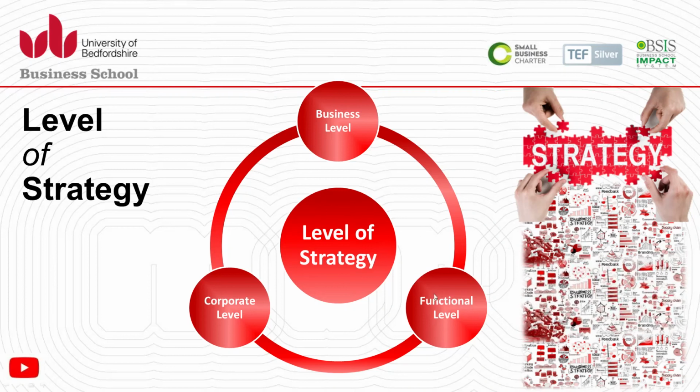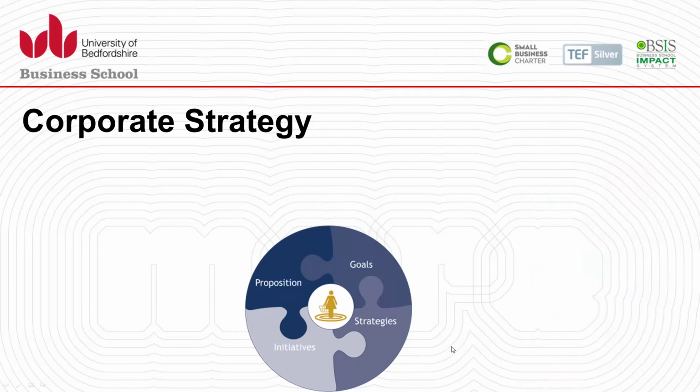So there are three levels of strategy when we want to achieve the long-term goals of any organization. When we say operation strategy, which refers to the methods companies use to reach their set objectives, we then further break this strategy down into corporate level, business level, and functional level.